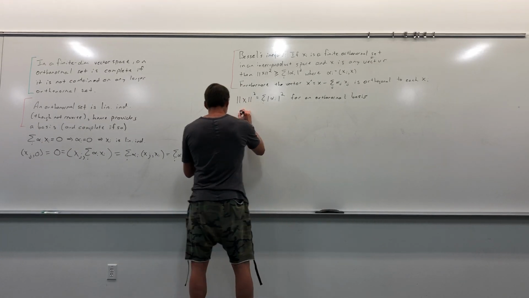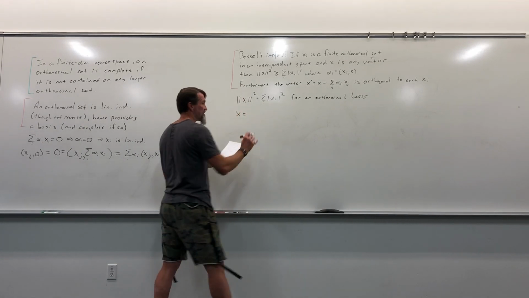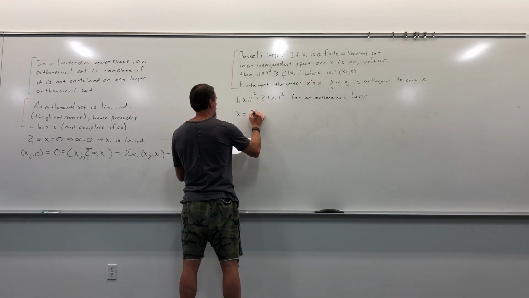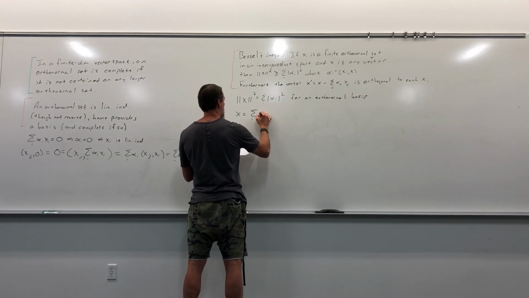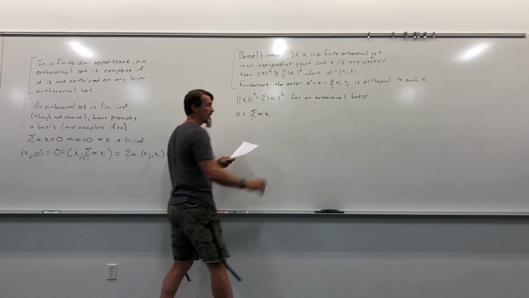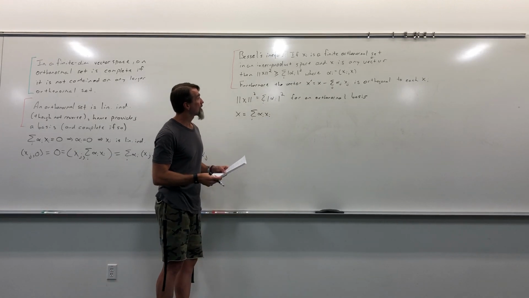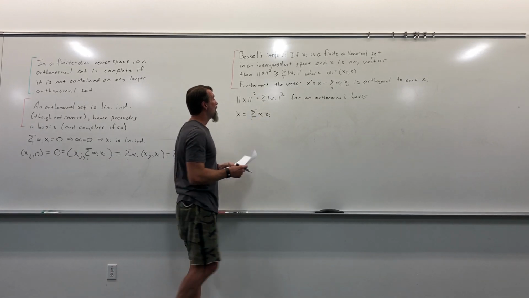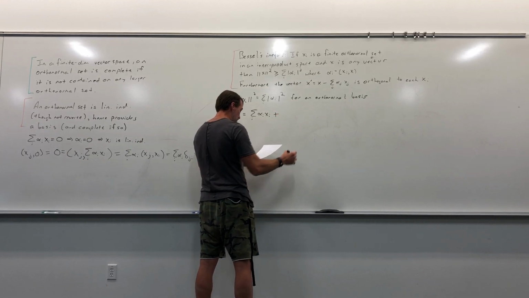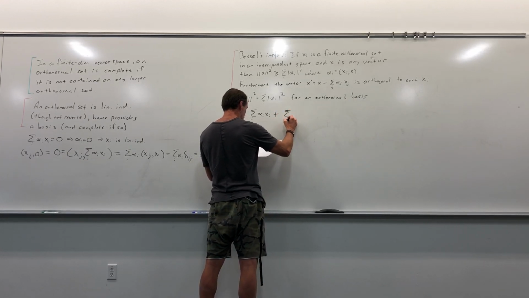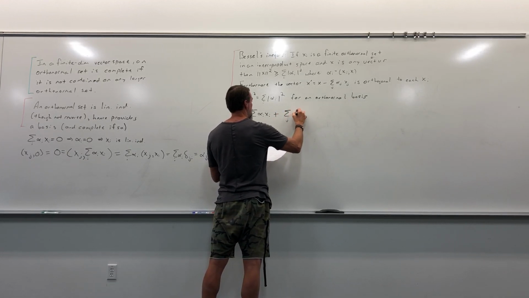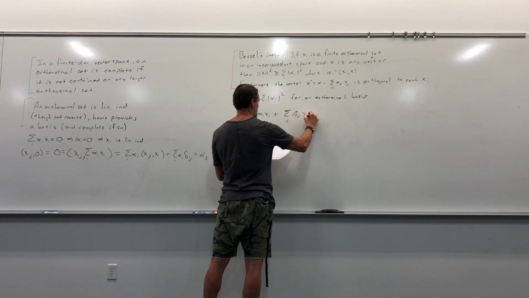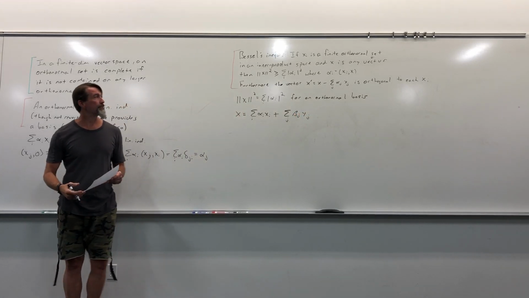So it might be that x, the vector itself, is written as the sum over alpha i xi, plus the part that is not included in that basis, which might be the sum over j of beta j yj. Okay?